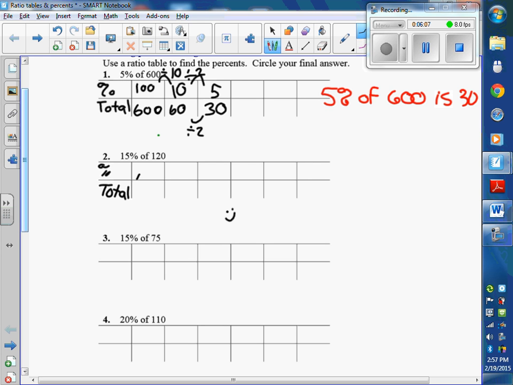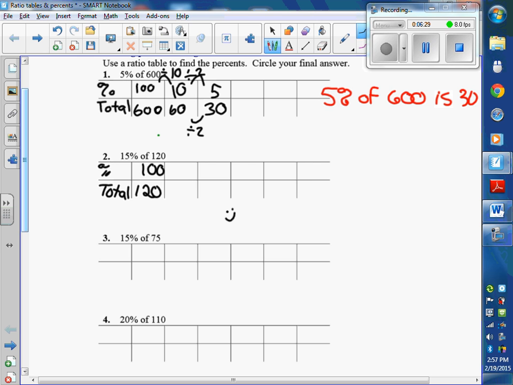100% and then, do you want me to write for you? It's kind of weird. It's okay. It is weird. Just tell me what to write. So I did 100 on the top and then 120 on the bottom.